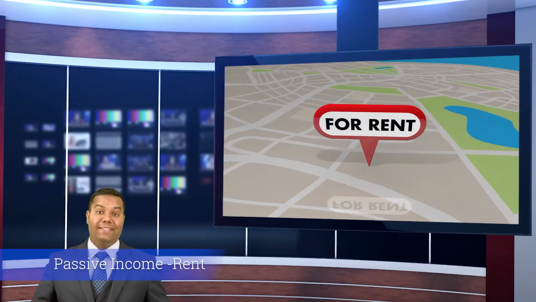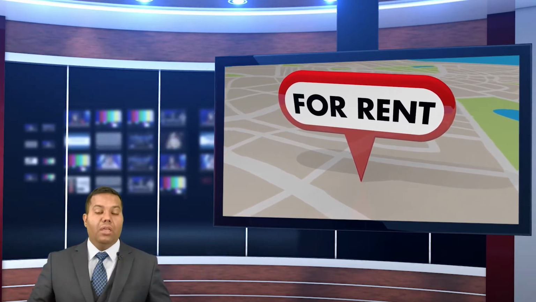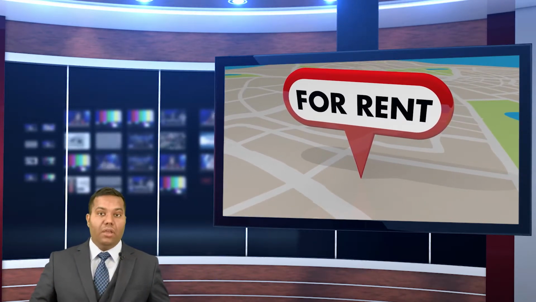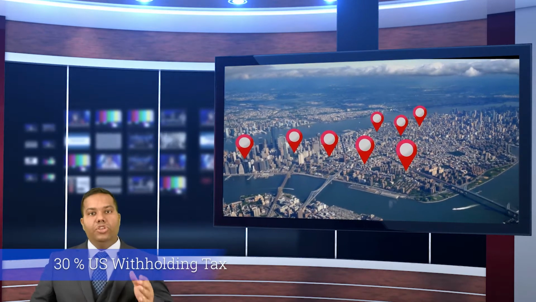Let's talk about passive income, that is, rental income from your US property. For US tax purposes, for any gross rental income which you earn from your property, a 30% US withholding tax applies. Your property's tenant is required to withhold the tax and remit it to the US tax authority on your behalf.